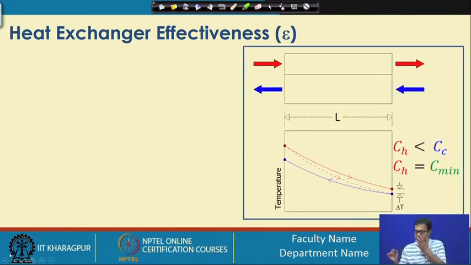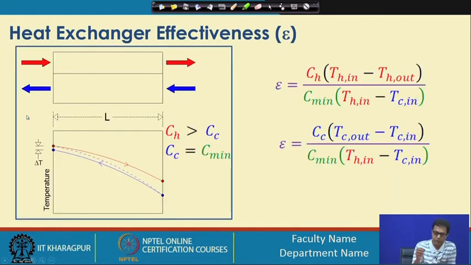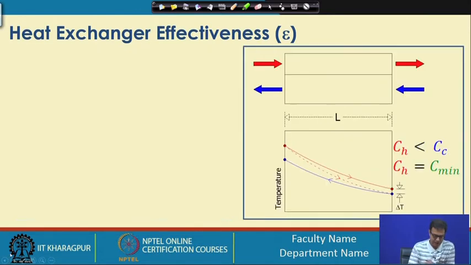Now, if we similarly try to find out the effectiveness in the other situation, what is the minimum capacity fluid? C H is the minimum capacity fluid. So, how can we find the effectiveness of this heat exchanger? We can write epsilon equals the actual heat that is getting transferred.